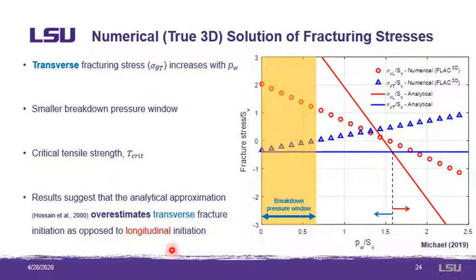Additionally, because of the positive slope of this transverse fracturing stress, we now have a second constraint to transverse fracture initiation besides the breakdown pressure window, and that is the y-intercept of this blue transverse fracturing stress trend, which indicates what I call the critical tensile strength.